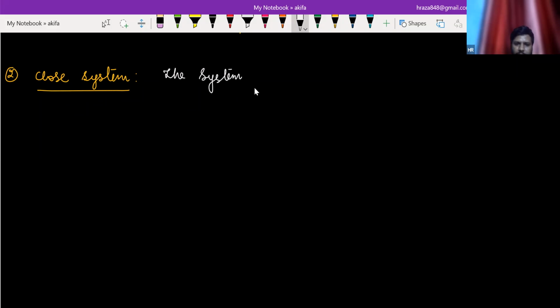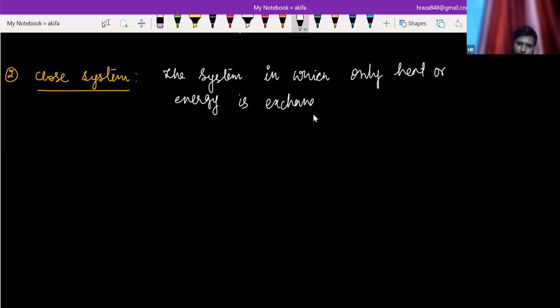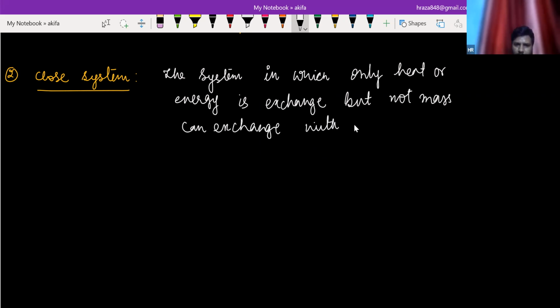So we can write the system in which only heat or energy is exchanged, but not mass or matter.